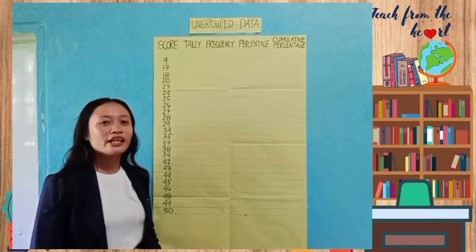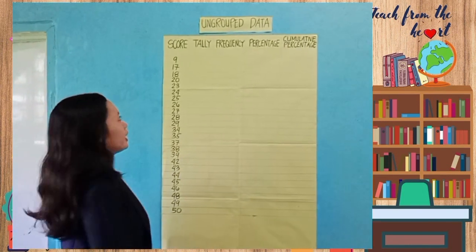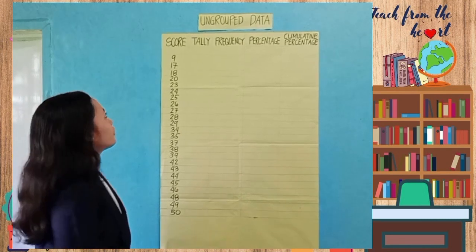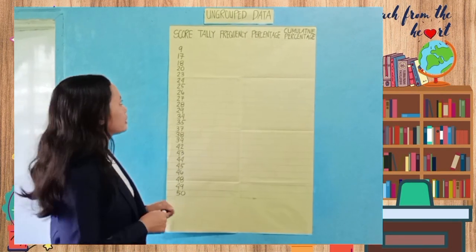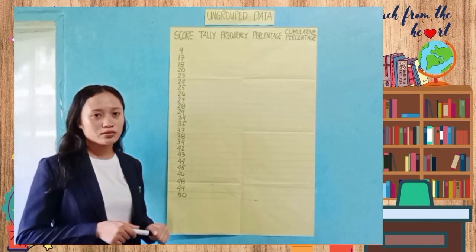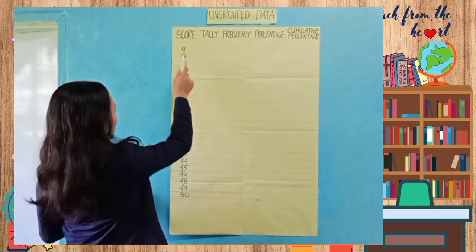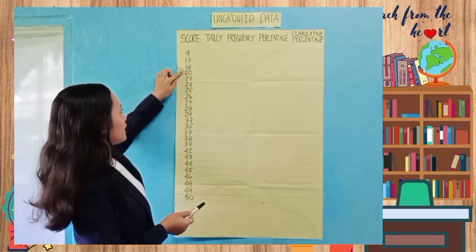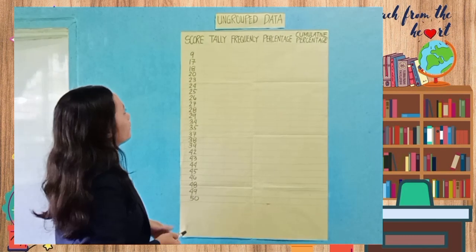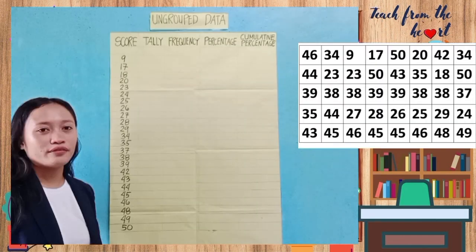All we need to do is to arrange the scores of the 40 students of Teacher Espinosa from lowest to highest. So how can we get the tally? We count the students who got a score of 9, the students who got 17, 18, 20, and the rest. How many students got the score of 9?